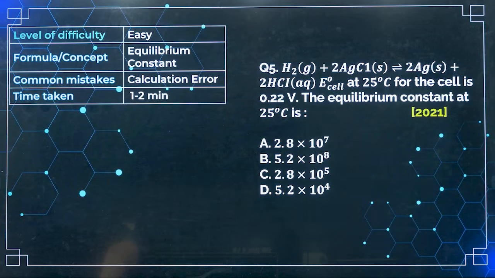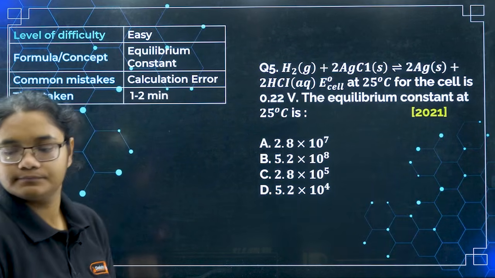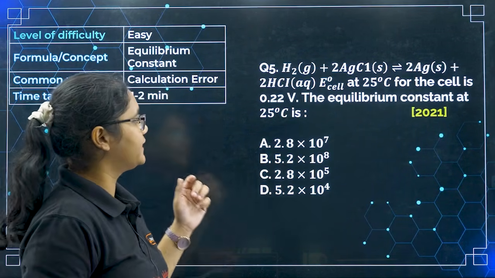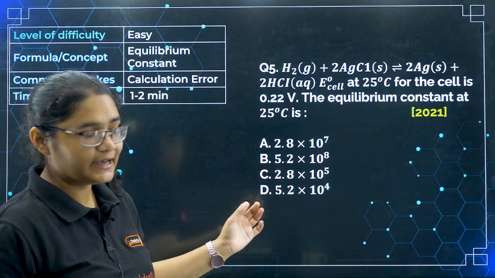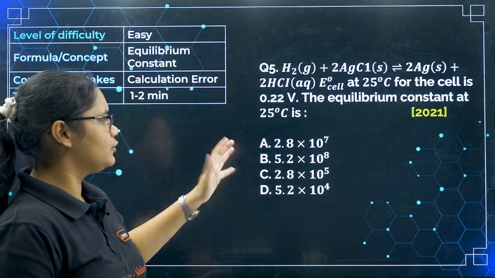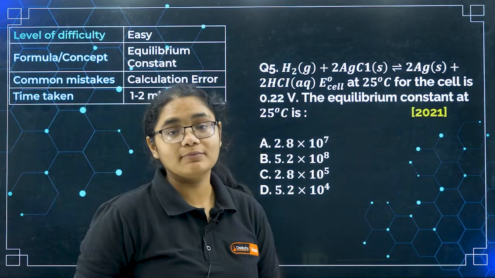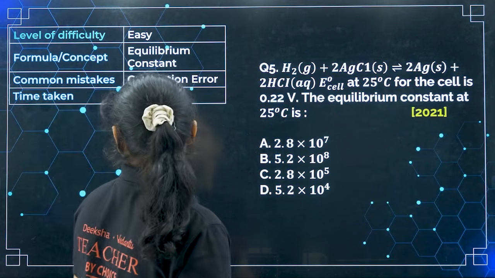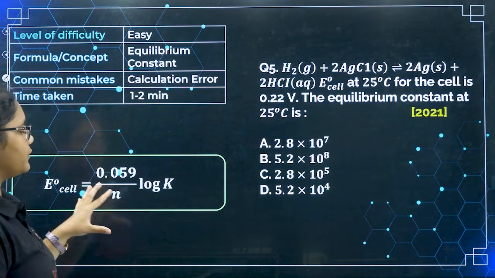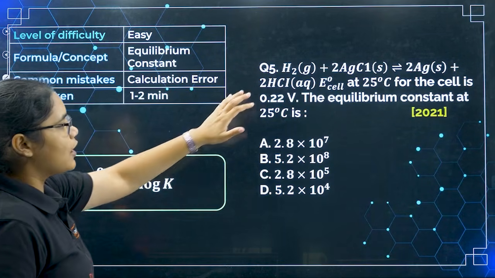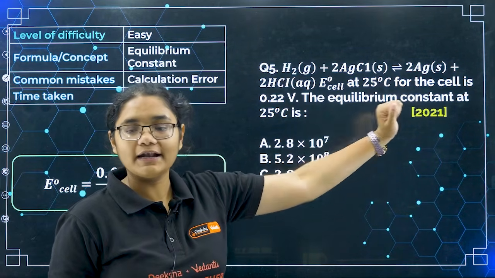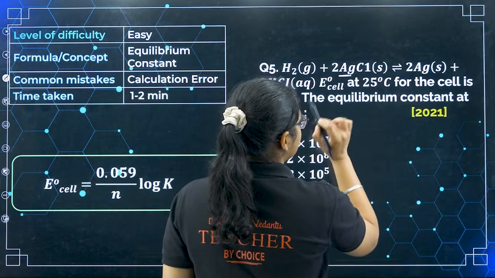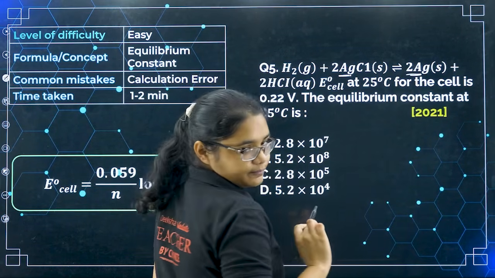Okay, so H2 plus 2AgCl gives you 2Ag plus 2HCl. E naught of the cell is 0.22 volt, the equilibrium constant in this. Okay, so we know all of us that the formula I have already told you. In this, how many electrons are involved, that you have to check properly. So what exactly is happening? See, Ag plus is getting converted to Ag, right?